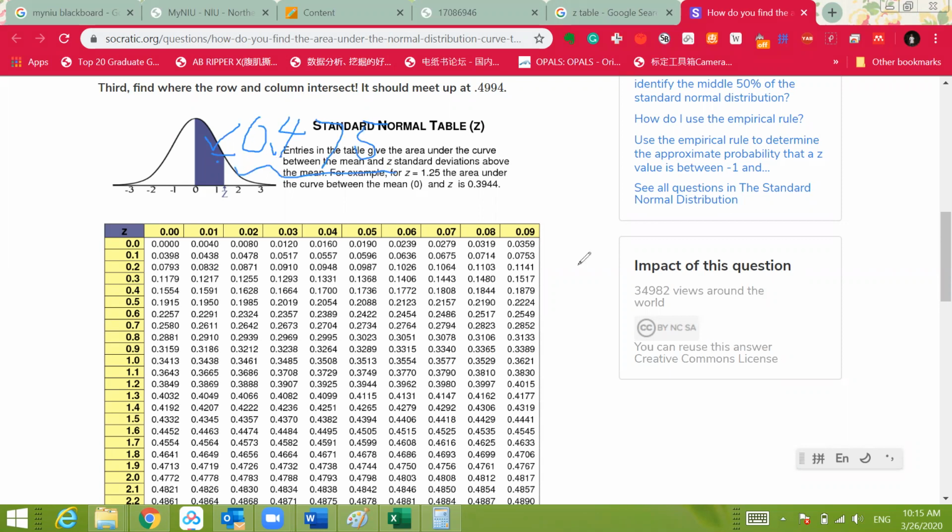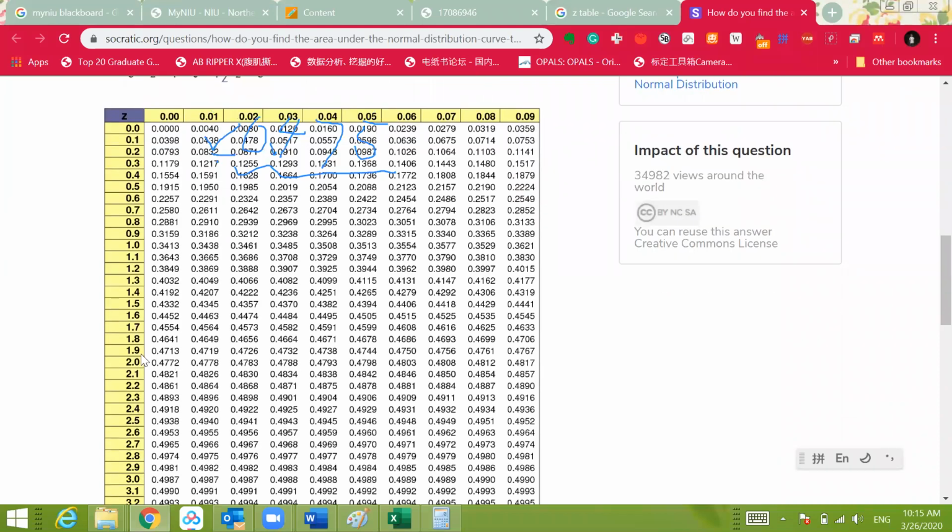Then we need to find this value in the table. Oh, here. You can see here 0.475, which corresponds to the Z value of 1.96.